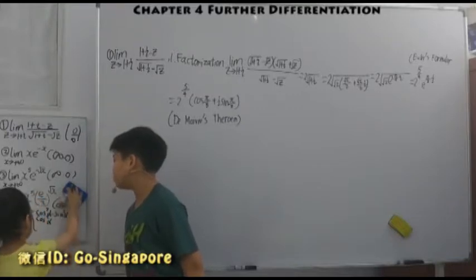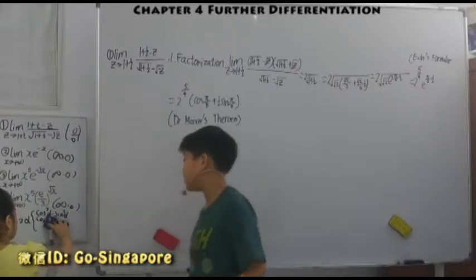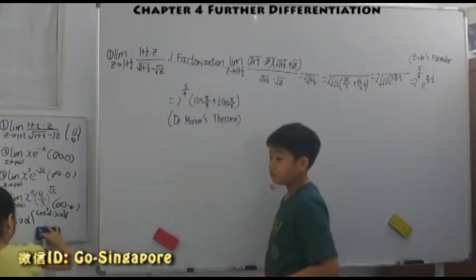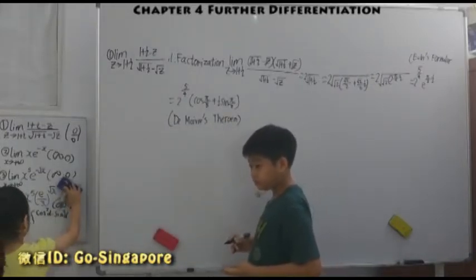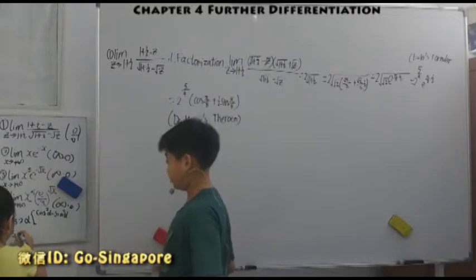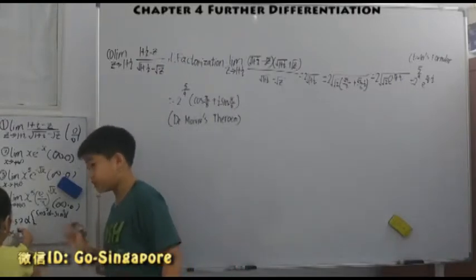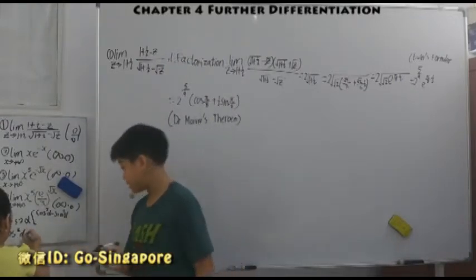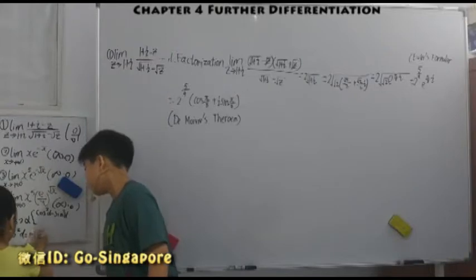We change the cosine square. Cosine square, change it. So when we change it, it becomes... I don't need you to write it out. It's very simple. It's just 1 minus sine square.